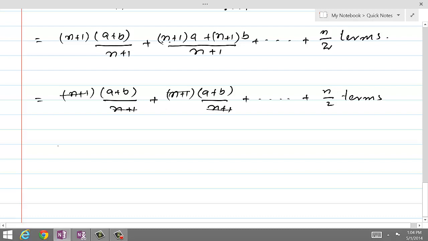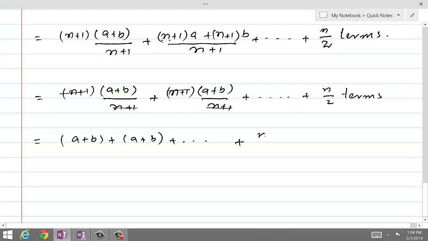In every term we will be left with a plus b, plus again a plus b, plus so on. How many times? n by 2 times.